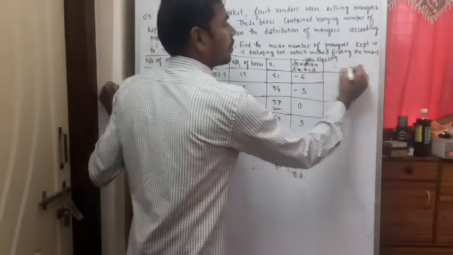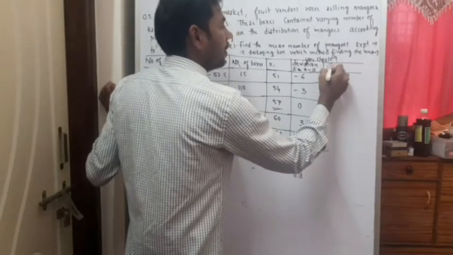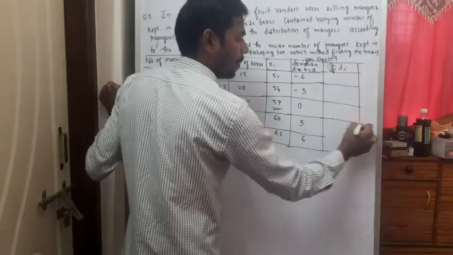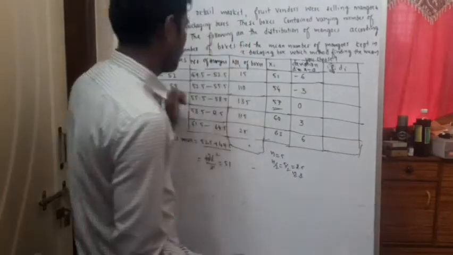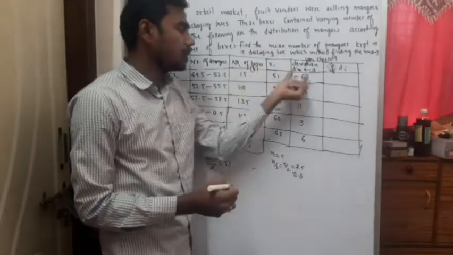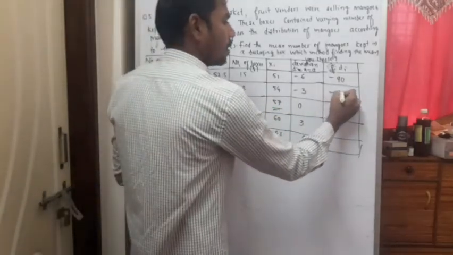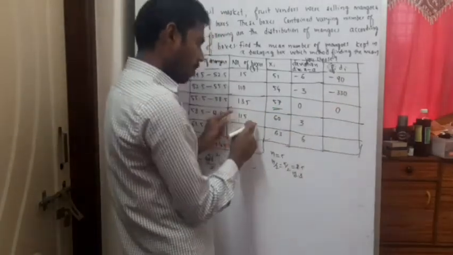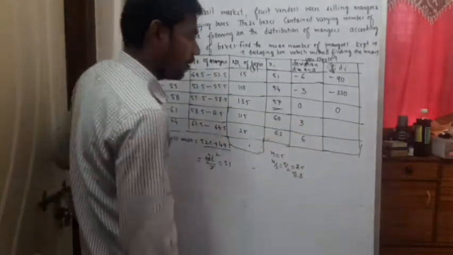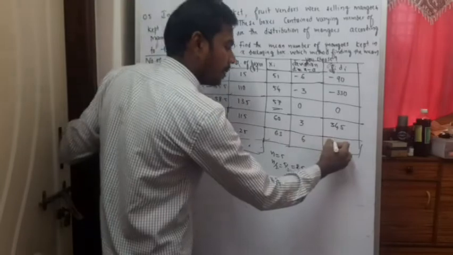Next, fi into di. Where is fi? Here it is, fi, the number of boxes. 15 into 6 is minus 90. 110 into 3 is minus 330. 0. 115 into 3: 100 3s are 300, 15 3s are 45, so 345. 25 6s are 150.